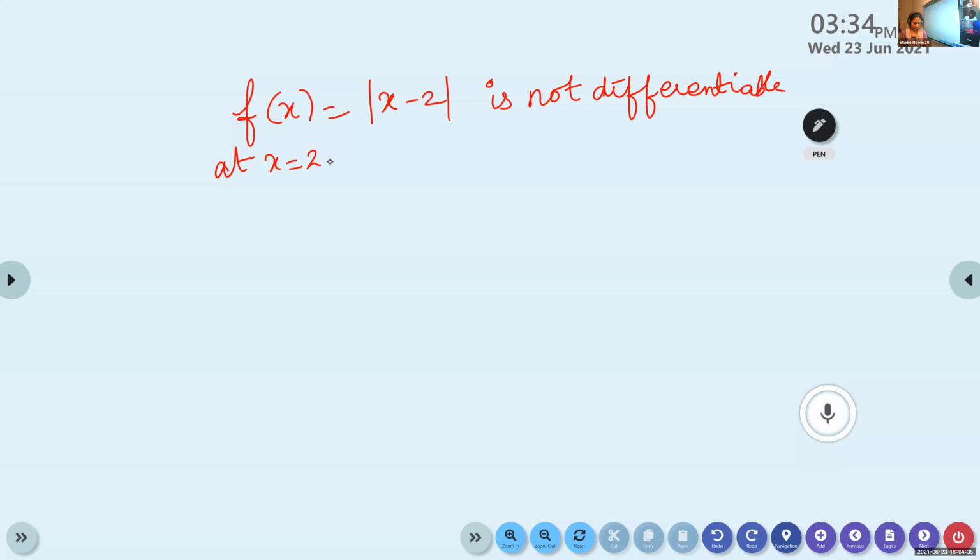Prove that f of x is equal to modulus of x minus 2 is not differentiable at x is equal to 2.